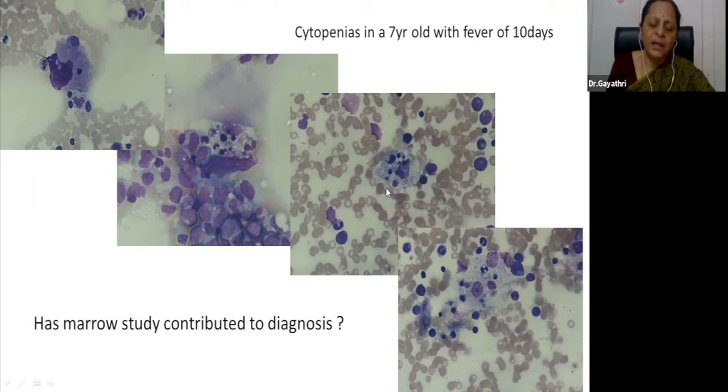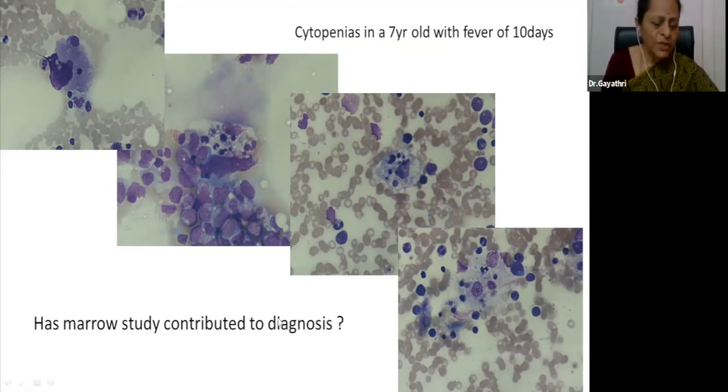Such a hungry, greedy macrophage. See that? So many cells it has taken: neutrophils, platelets, lymphocytes, everything inside it. So pregnant with all this material. So this is a classic hemophagocytosis.